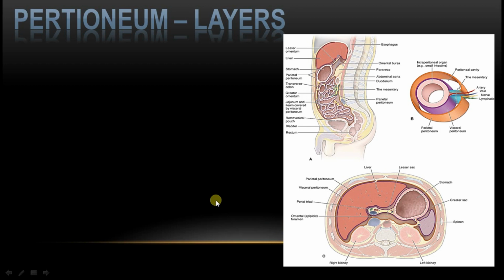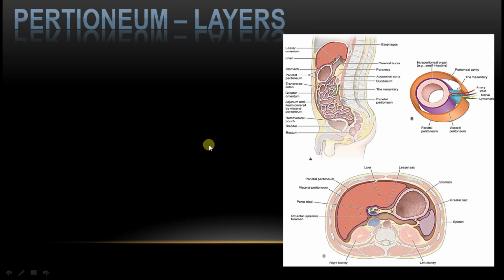So that is the simple gut tube which is surrounded by the splanchnopleuric mesoderm and then the peritoneum, which will form the visceral peritoneum. The other peritoneum lining your body wall will form the parietal peritoneum.